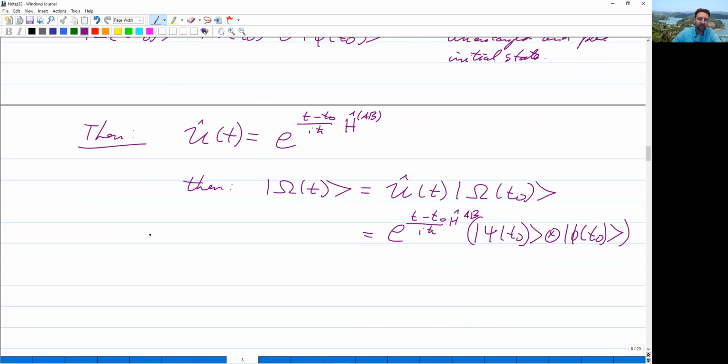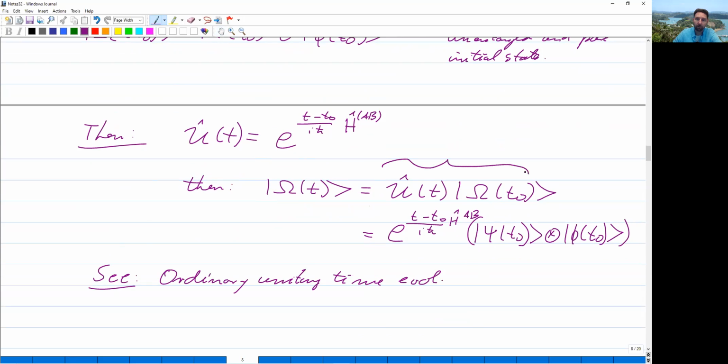And in particular, we see ordinary unitary time evolution according to the Schrödinger equation, because this state solves i h bar d by dt of omega of t equal to H hat AB omega of t.